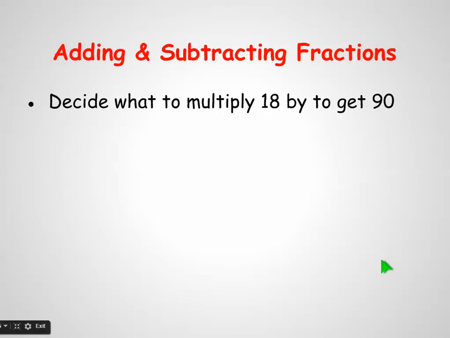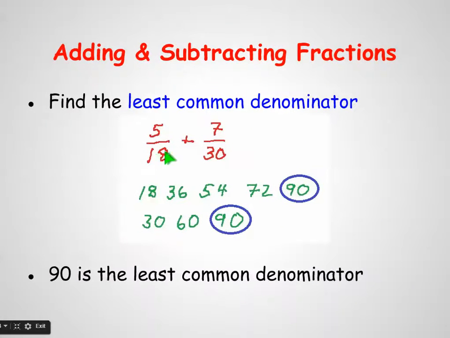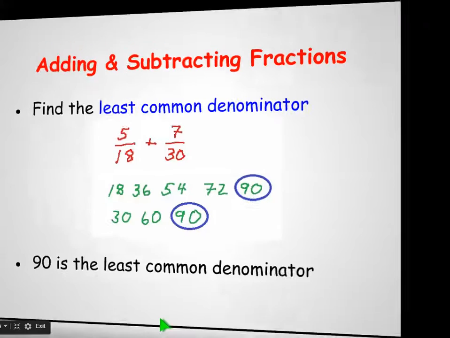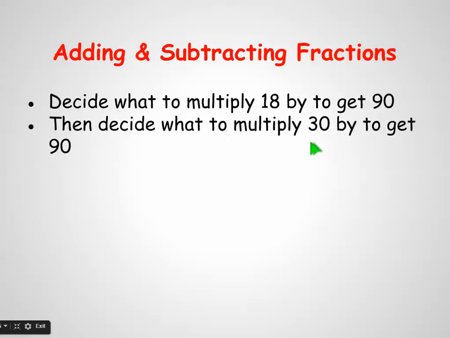Now, I need to decide what to multiply 18 by to get 90. If you look back here, we had denominators of 18 and 30. We have to multiply 18 by something to get 90. So, after I do that, I need to decide what to multiply 30 by to get 90.